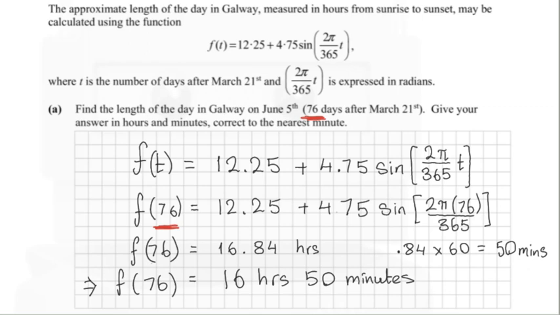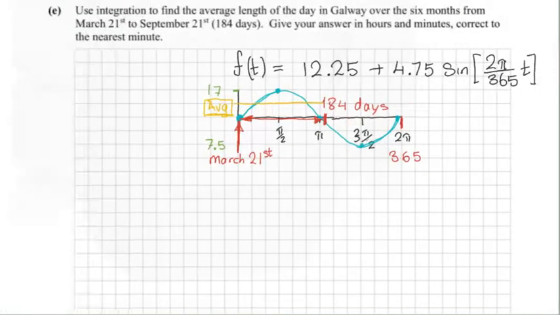Alright, so let's look at the next part, which involves integration, now that we know what the function is about. So the function is there now. On March 21st, we have the starting point of the cycle. As you can see there, we want to get the average height, or the average length, for the first 184 days of that cycle.